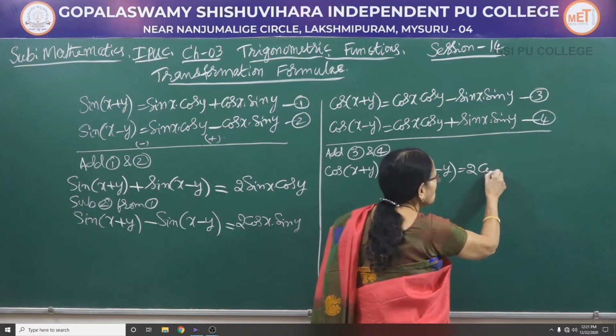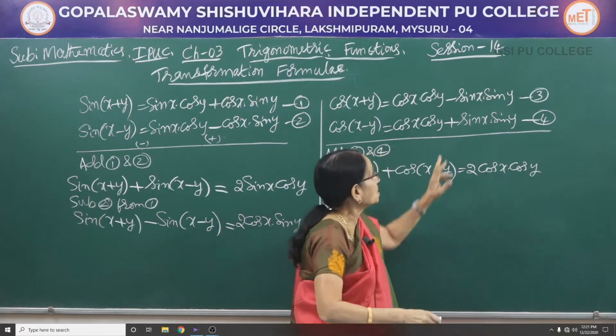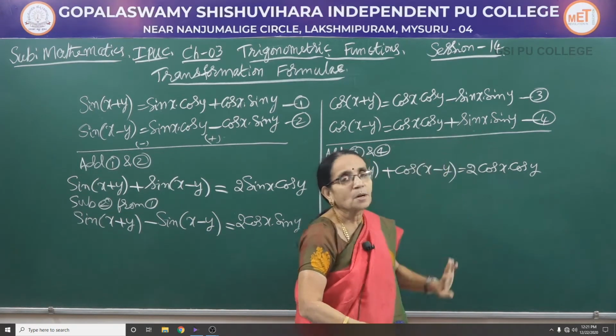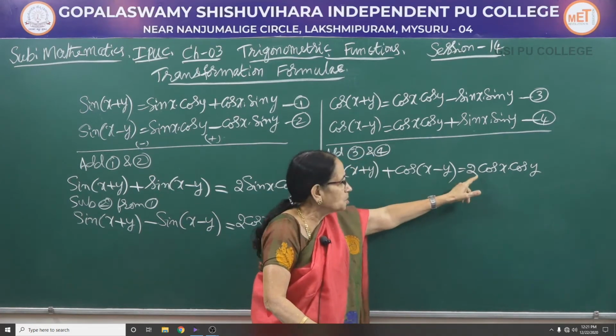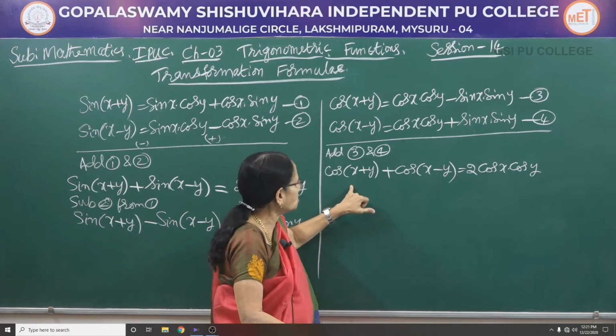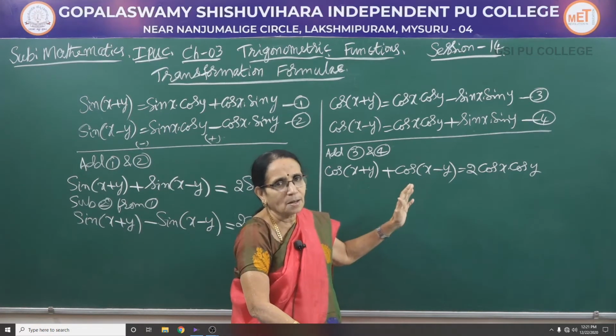This becomes 2 times cos x into cos y, because the other two terms get cancelled. One is minus, the other is plus. So here we got a product, 2 times cos x into cos y, left hand side cos of some angle plus cos of some other angle.